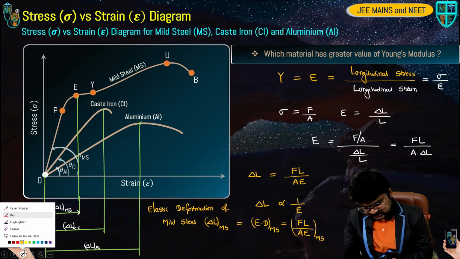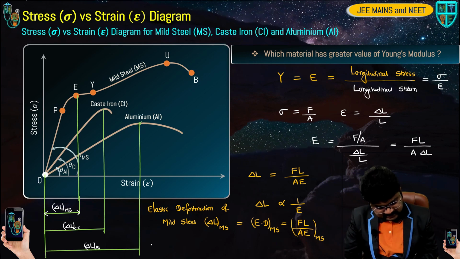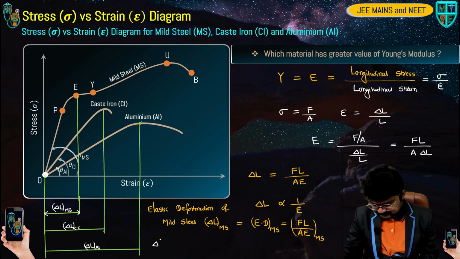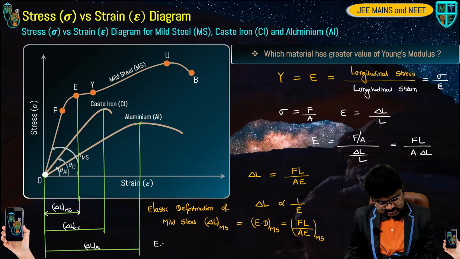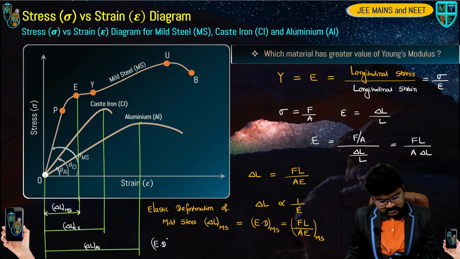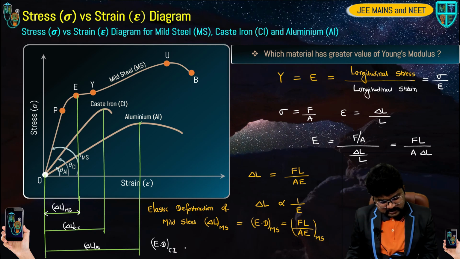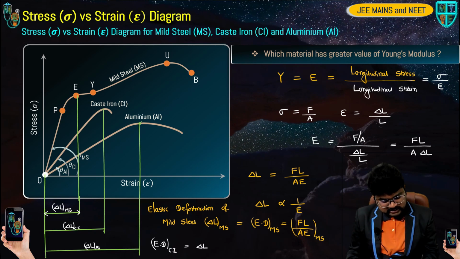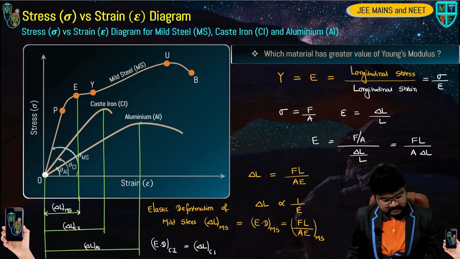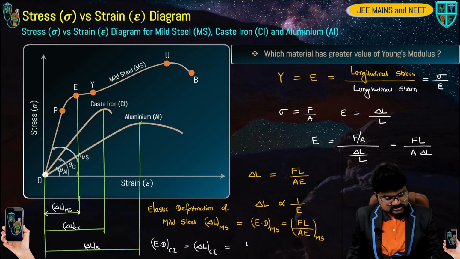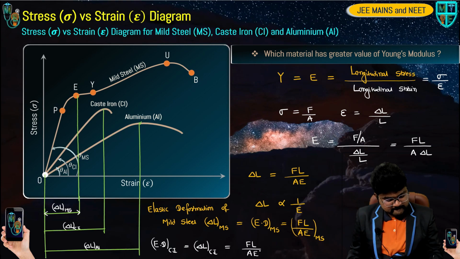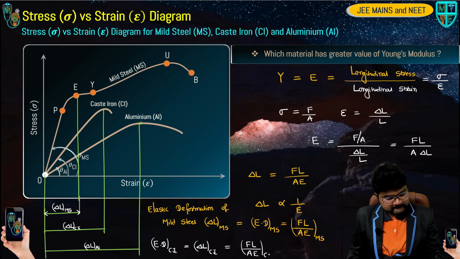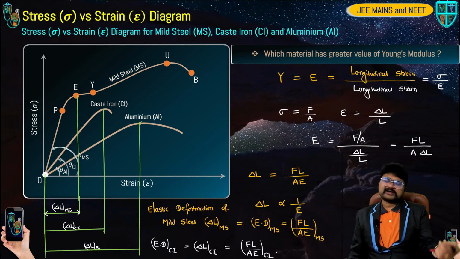So similarly, the elastic deformation of cast iron equals delta L cast iron equals F L by A E cast iron. So these all are some problems.